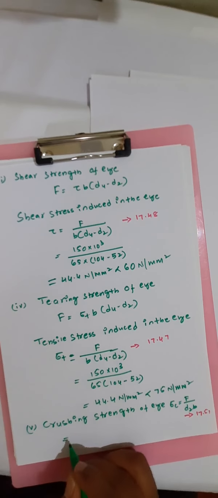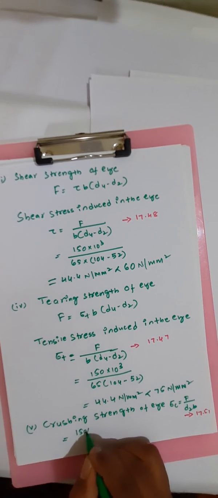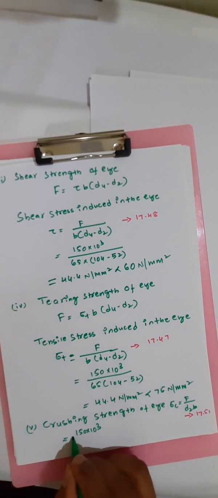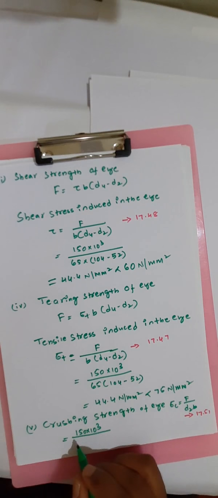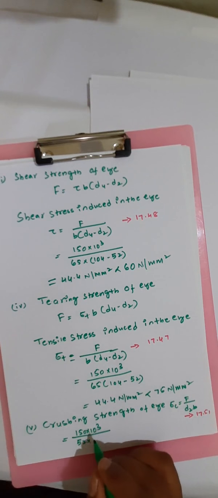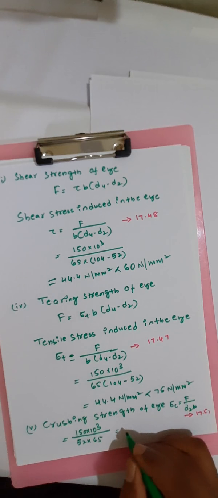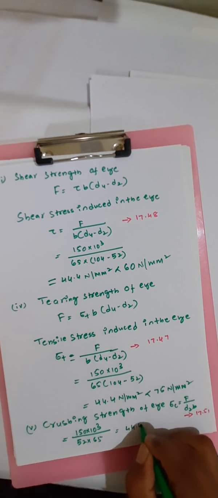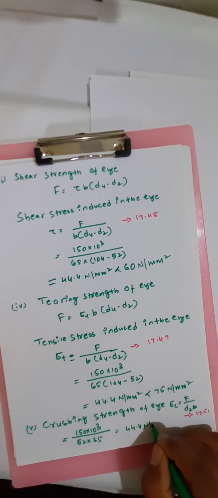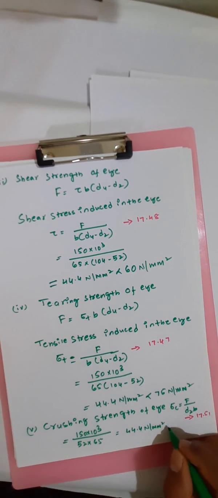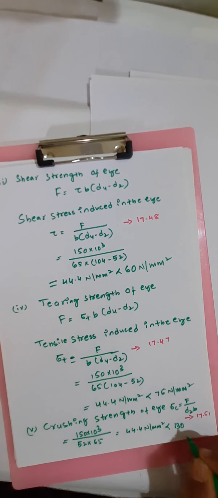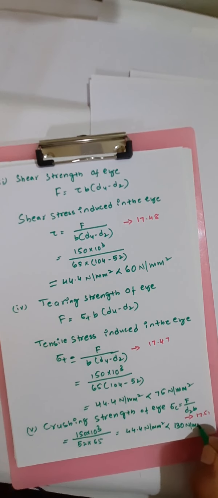If we substitute all the values, F is equal to 150 into 10 to the power 3, divided by d2, 52, into b, 65. We get 44.4 Newton per mm square, which is less than 130 Newton per mm square.